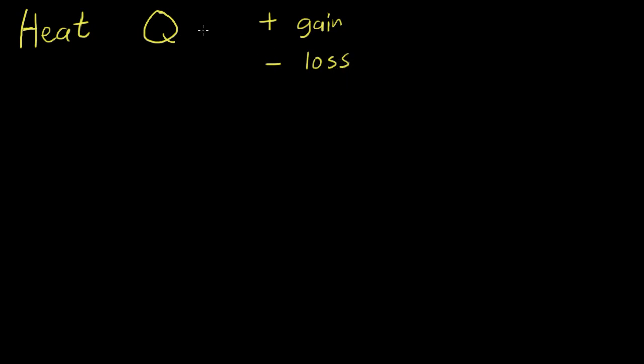So a positive Q means a gain of heat, and a negative Q means a loss of heat. And when we have a gain or a loss of heat, then we're going to have a change in something. What changes when heat is gained or is lost? Well, temperature, which is going to be capital T, temperature.